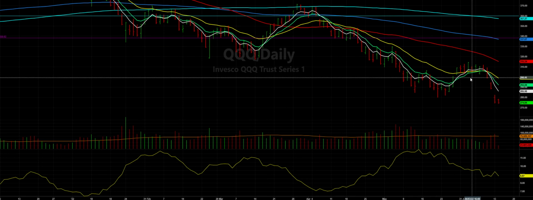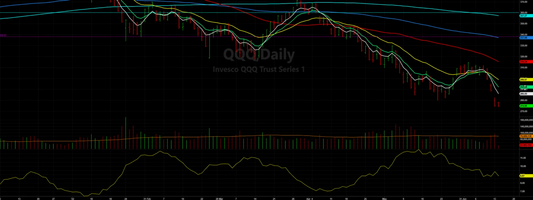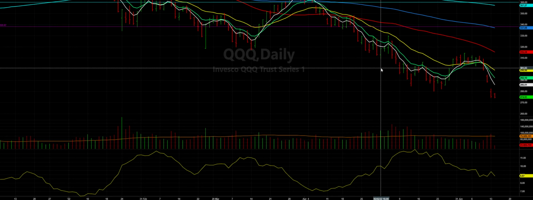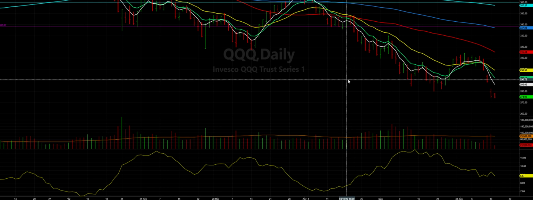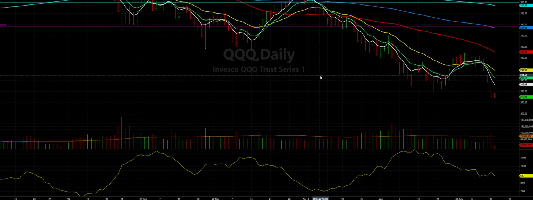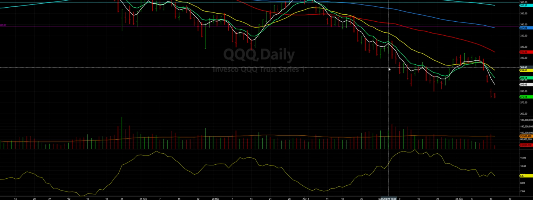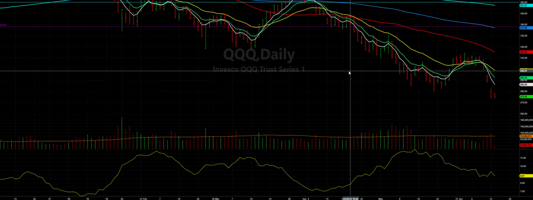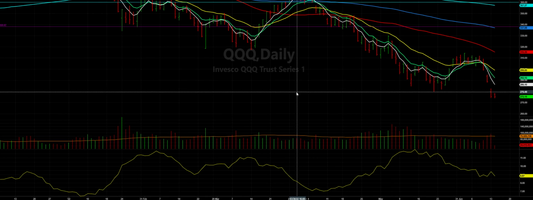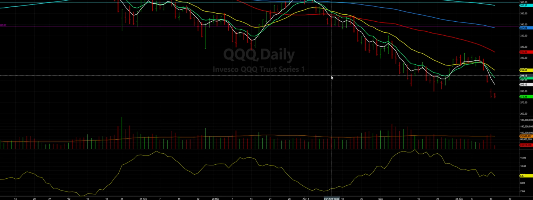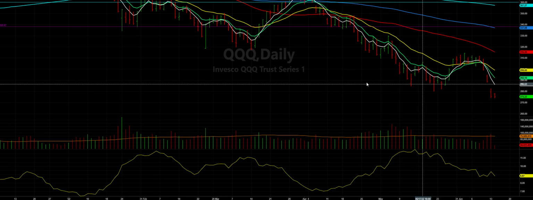This is not going to be long, because if you looked at part 1, where we analyzed the DIA and the SPY, the ETFs that track the Dow Jones and the Standard & Poor's 500, you're going to get the picture relatively quickly, because it kind of looks the same. So here's the QQQs, the ETF that tracks the NASDAQ, specifically the NASDAQ 100.